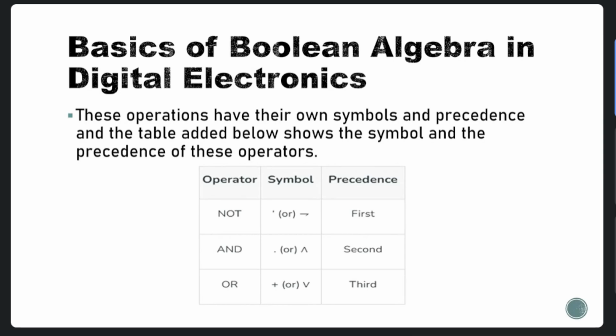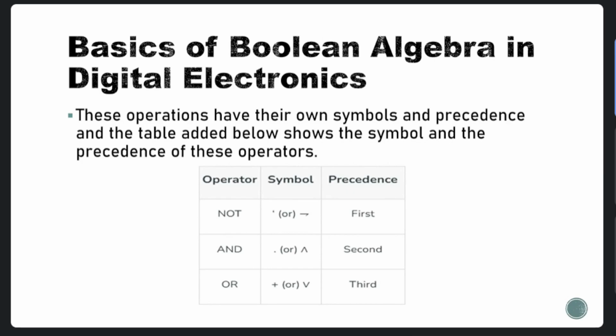Okay, so basics of Boolean algebra in digital electronics. These operations have their own symbols and precedence, and the table added below shows the symbol and the precedence of these operators. So the operator is NOT. Ang symbol niya ay one quotation or ganun, ano po?